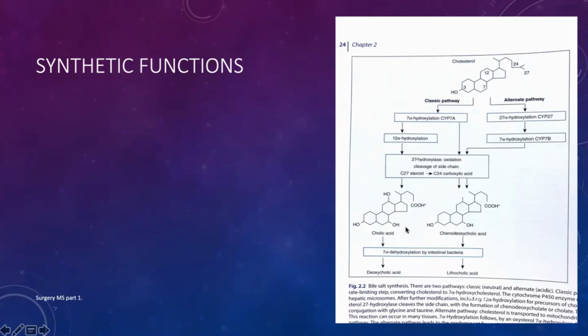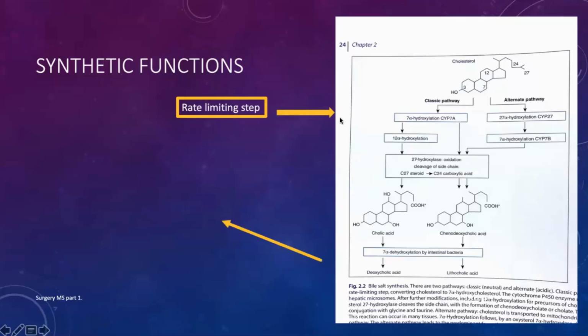When these two acids reach the intestine, intestinal bacteria convert them by 7-alpha dehydroxylation, and ultimately they end up with deoxycholic acid and lithocholic acid. If you look at the rate limiting step here, 7-alpha hydroxylation is one such rate limiting step.